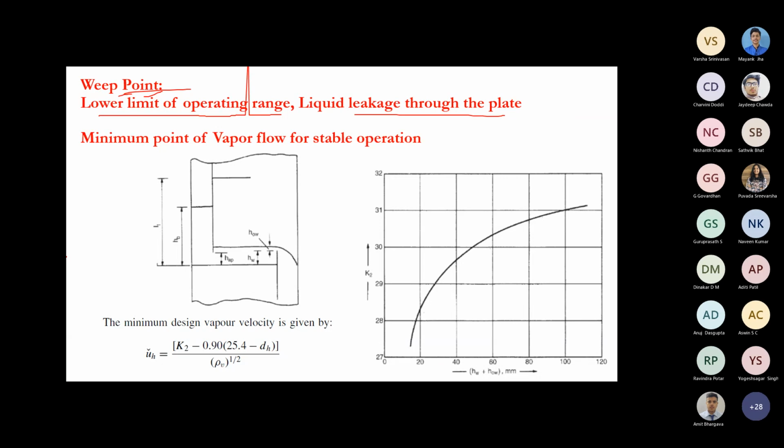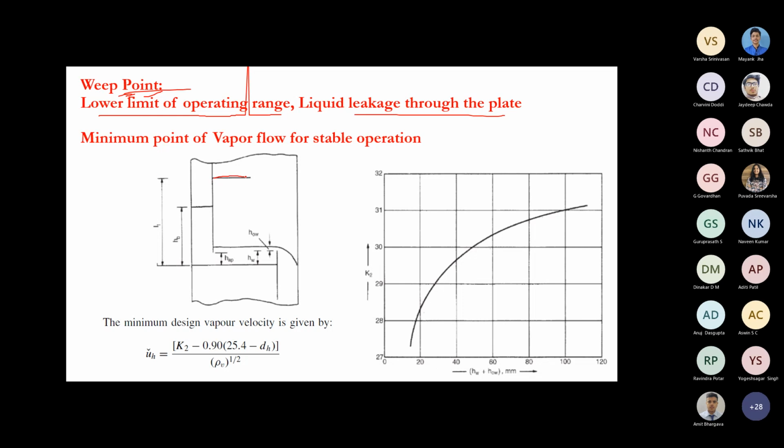At those times the liquid will take the least resistant path. It won't flow across the tray. As we have holes with less energy vapor, the liquid will dominate the vapor and flow through the holes. That point is called the V point. So we should not operate the column at the V point.